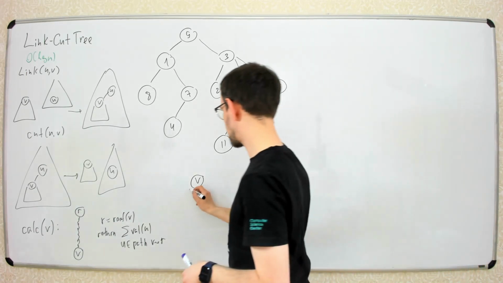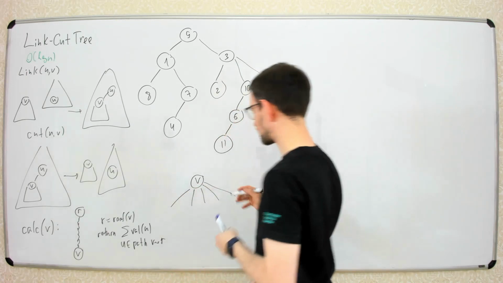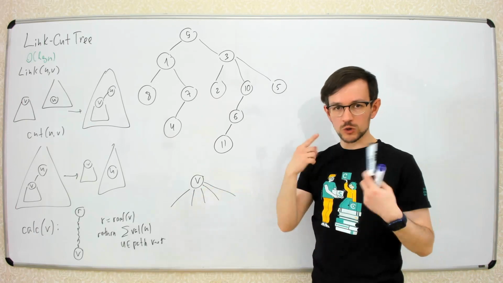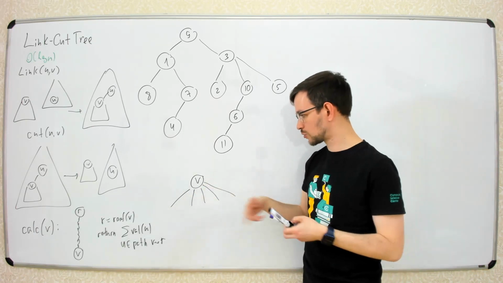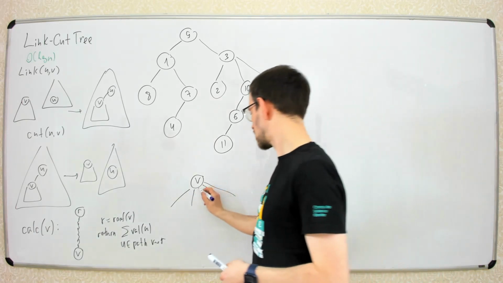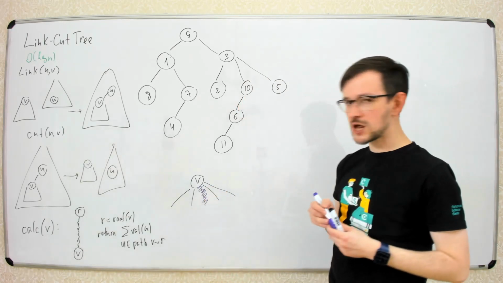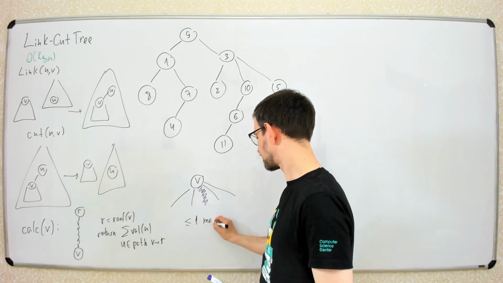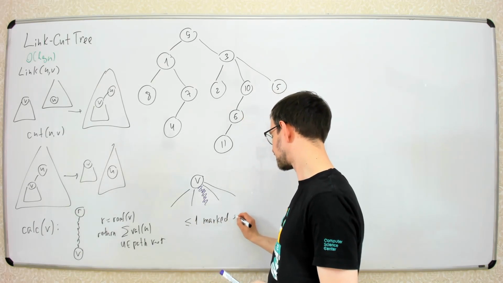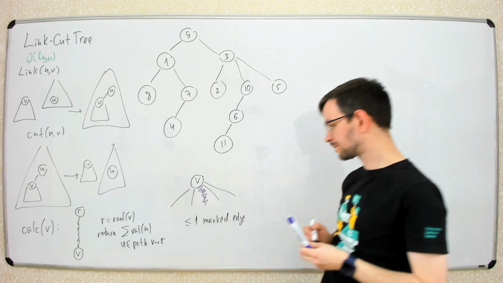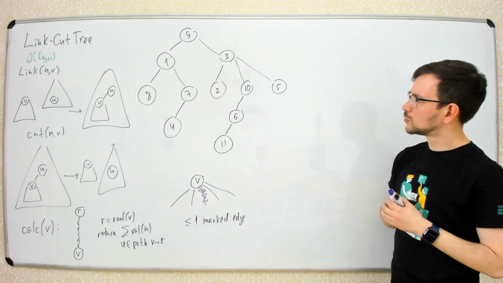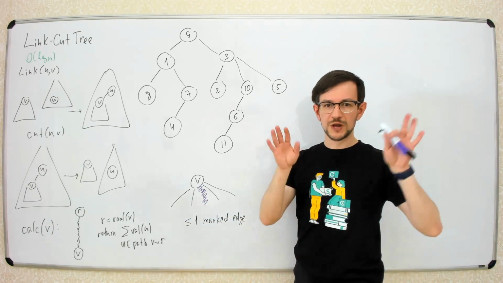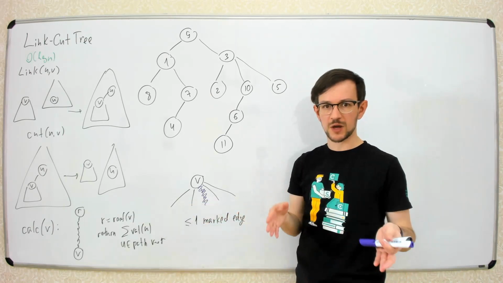Each node has some children, and we will mark at most one of the edges to a child of this node. So one of these edges will be marked, for example, here, and that's all. We'll not put any constraints. Any edge can be marked.